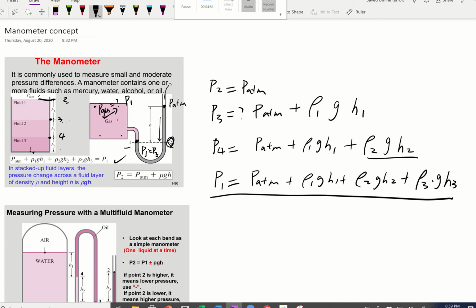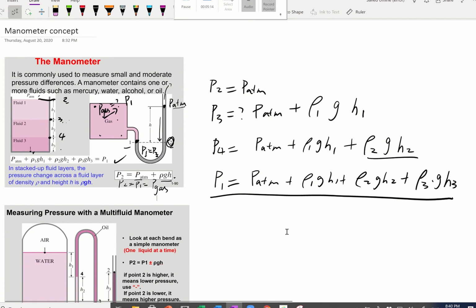How much more? It's rho g H. So P2 is atmospheric pressure plus rho g H, and P2 is equal to P1, and P1 happens to be your gas pressure. So that's a simple manometer problem.